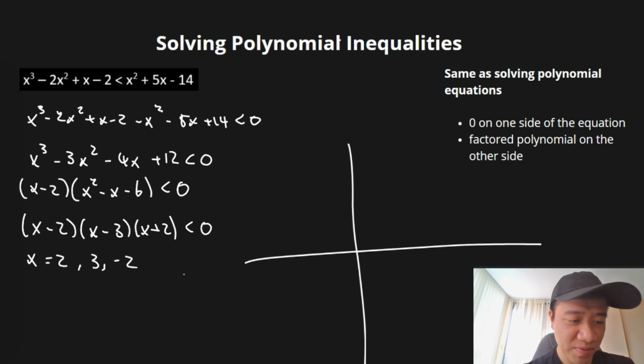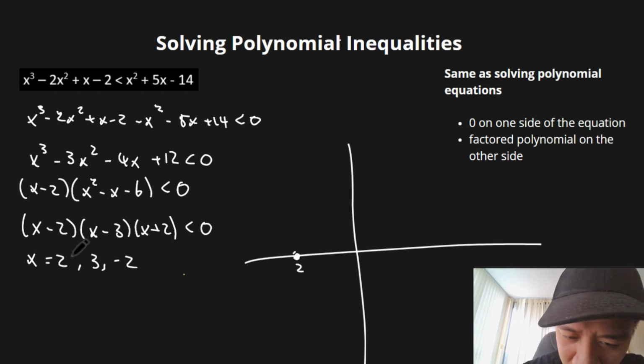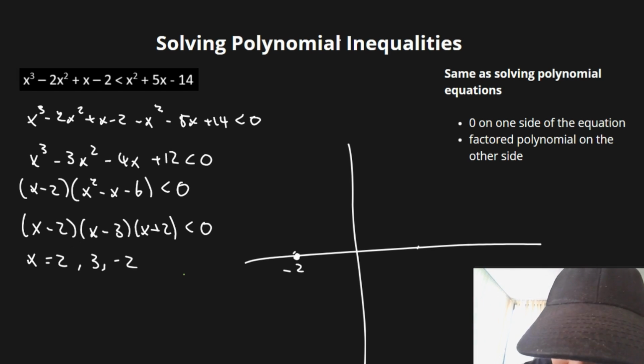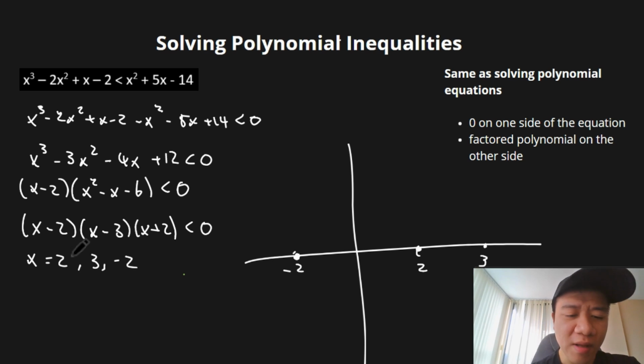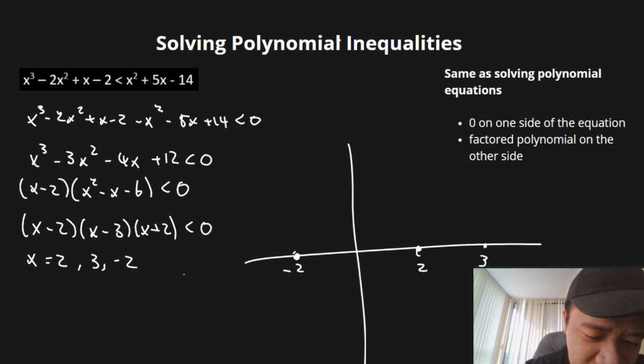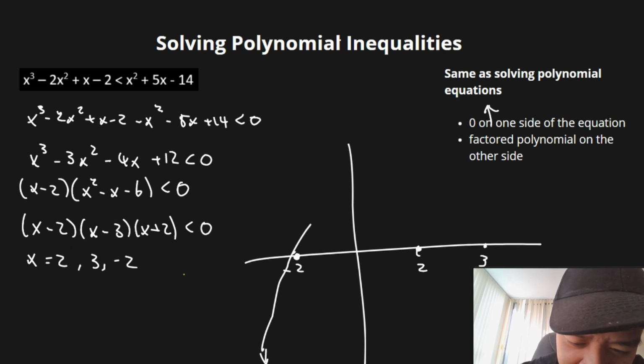So we have negative 2, 2, and 3. Since this is degree 3 with a positive leading coefficient, we go from quadrant 3 to quadrant 1. So the function looks like this.